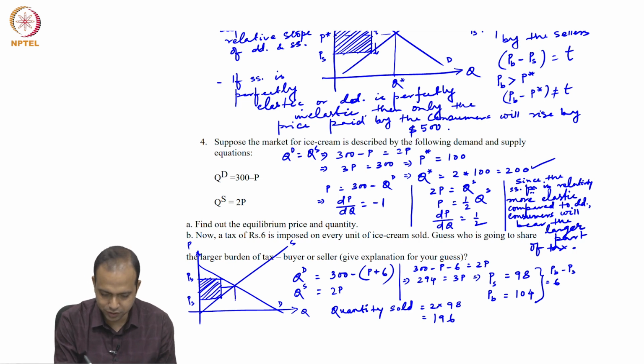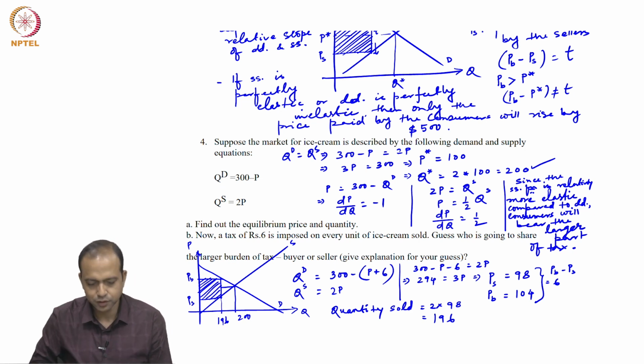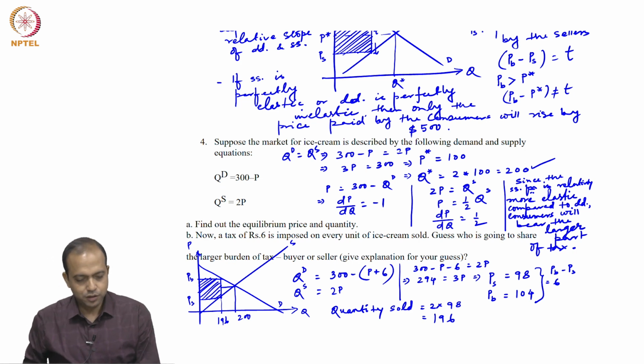So, this is basically 200 equilibrium quantity, this is 196, okay, in the post tax situation. All right.